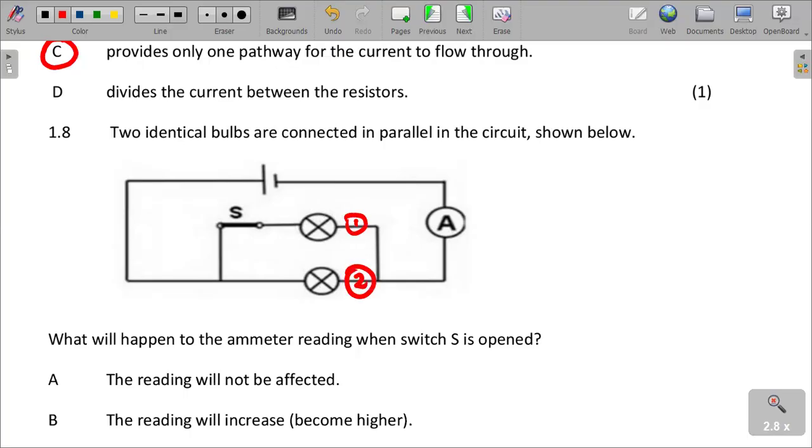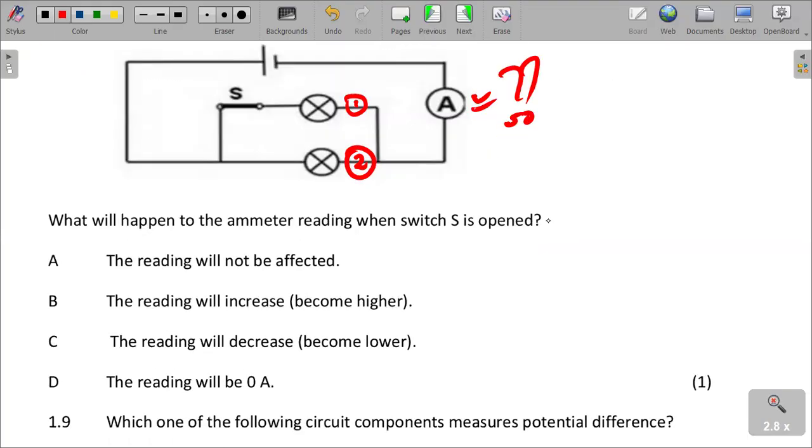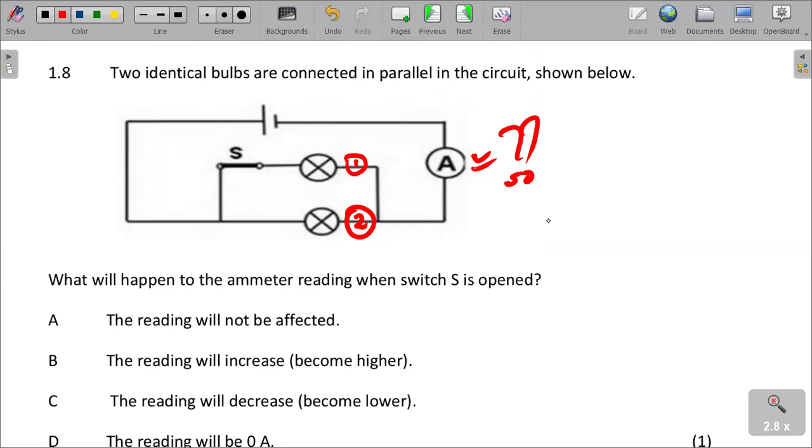So what will happen to the ammeter reading when switch S is opened? When the switch S is opened, what would happen there?